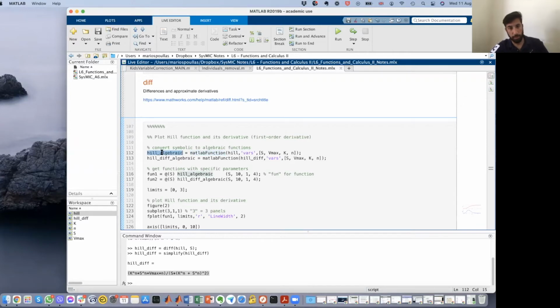So I'm naming the new variable Hill algebraic because that's what we are gonna convert it to, an algebraic function.